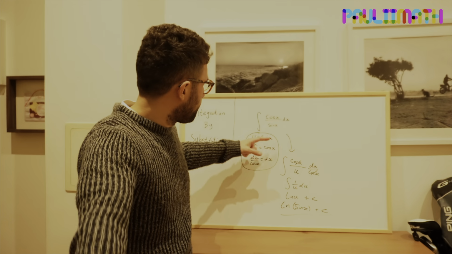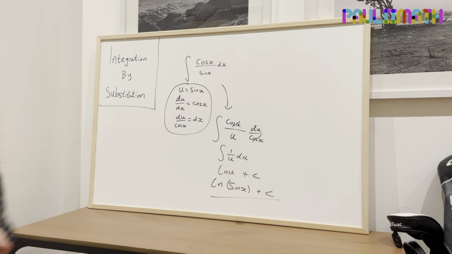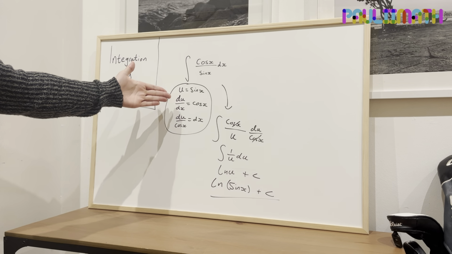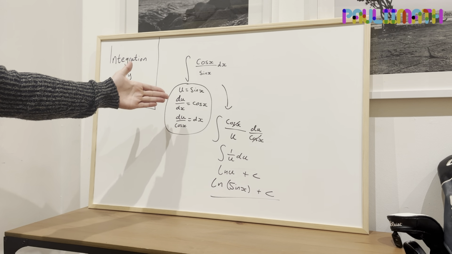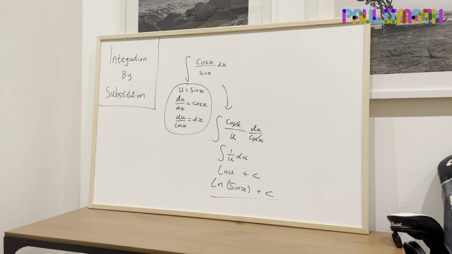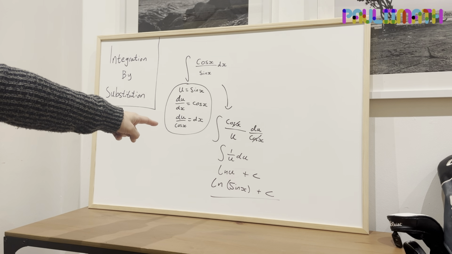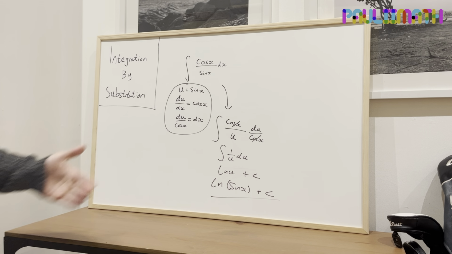Turbo recap. I've given you the integral. I may or may not tell you it's substitution. I may or may not give you the substitution. Here I told you it's u equals sin x. First thing, differentiate that. Goes to cos x. Second thing, rearrange it so it's dx equals.